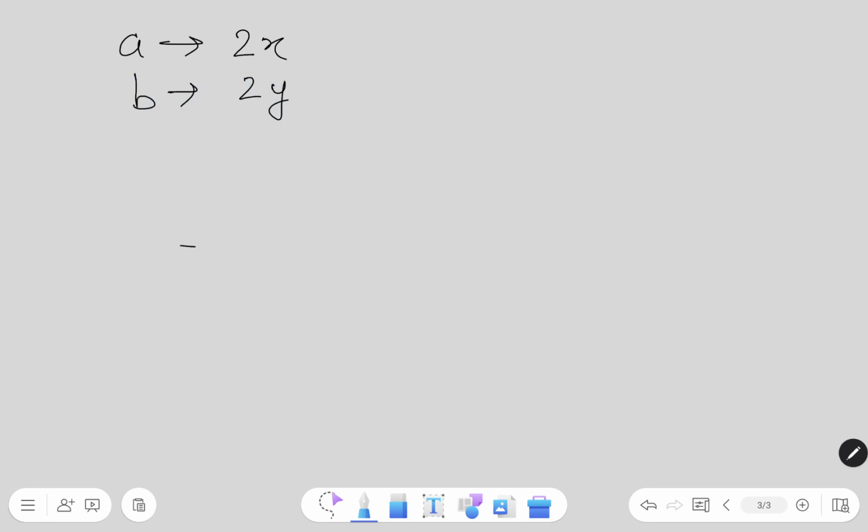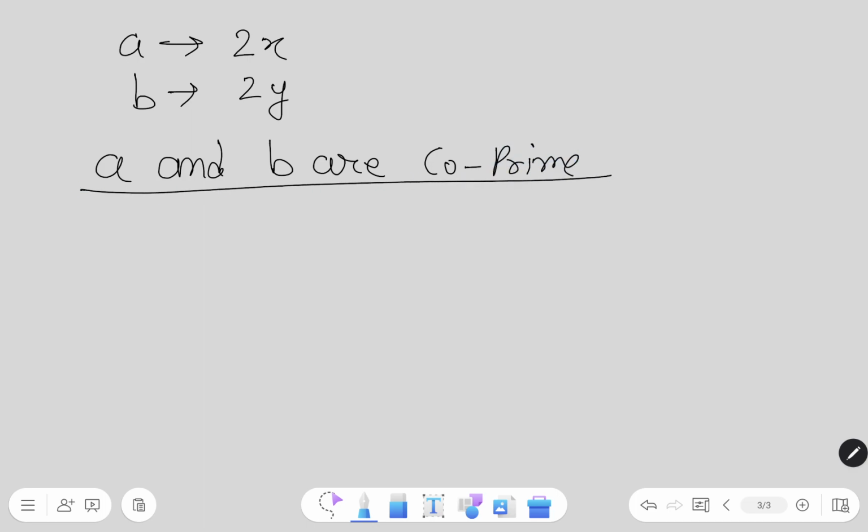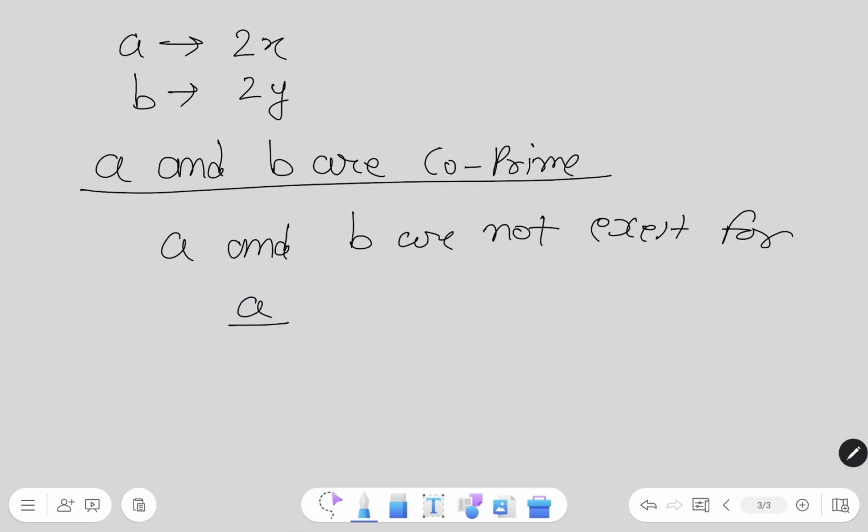Okay, so the assumption that a and b are co-prime is going wrong. So a and b do not exist for a upon b equals root 2. तो ऐसा पॉसिबल नहीं है.